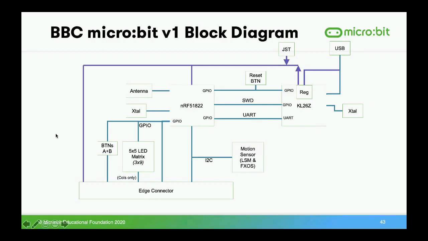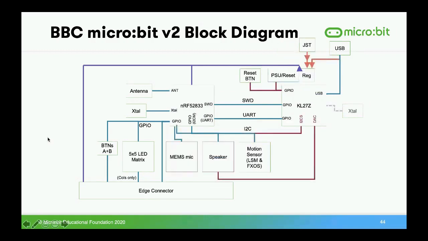So the microbit V2 predictably has quite a similar block diagram. The newer chip, the 52833, has 512K of flash compared to the 256K of the V1, the NRF51822, and 128K of RAM compared to the 16K of RAM on the microbit V1. That's a huge upgrade in terms of memory, and that's already made a difference in the kind of things we can do.